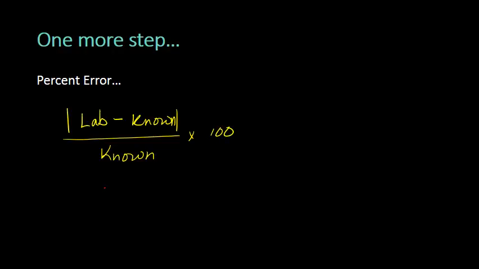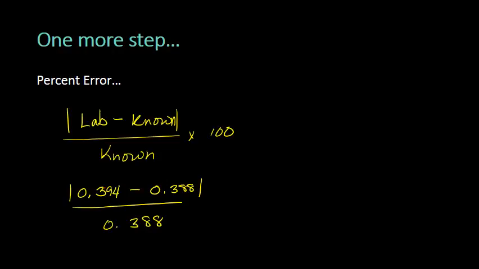Well, our lab value was 0.394, and I'm dropping units, minus the known value was 0.388, divided by 0.388, multiplied times 100, punching it into our handy-dandy calculator gives us a percent error of 1.55%.